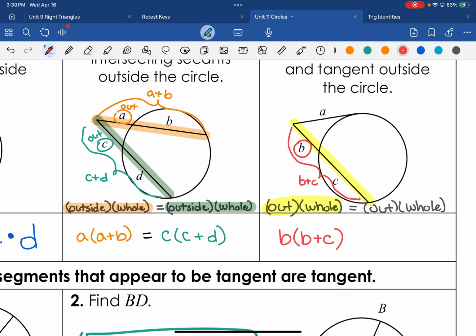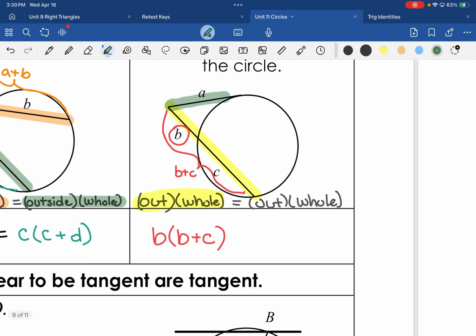Now, when we look at the tangent, what part is outside? A. What is the whole tangent? A. That is doubled up, right? The outside piece is the whole line.